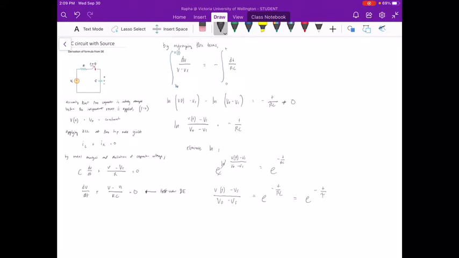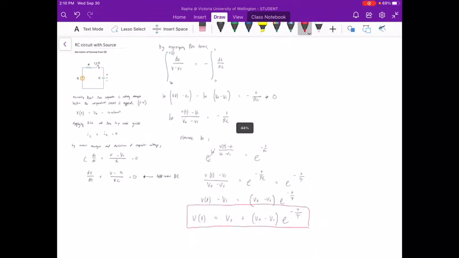Our time constant is equal to R times C. Then we have V(t) minus Vs is equal to (V0 minus Vs) e to the power of negative t over tau. Then our V(t) is equal to Vs plus (V0 minus Vs) e to the power of negative t over tau. So this is now our final formula.